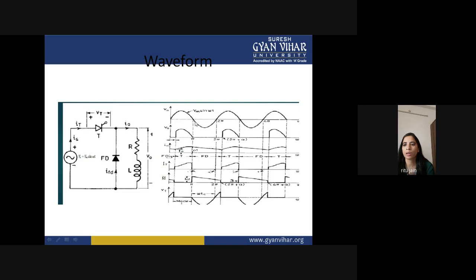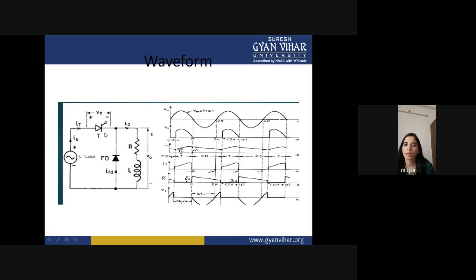Now we come to the negative half cycle. You can see that in the load the inductor is connected, and the property of an inductor is that it always opposes the change of current. In the positive cycle, the inductor was storing energy.